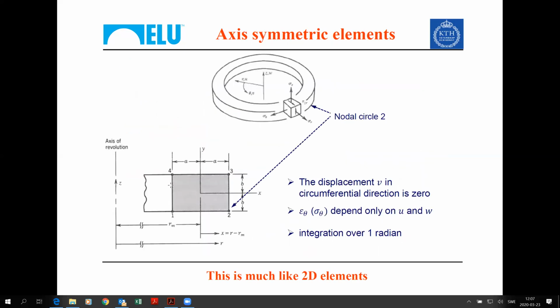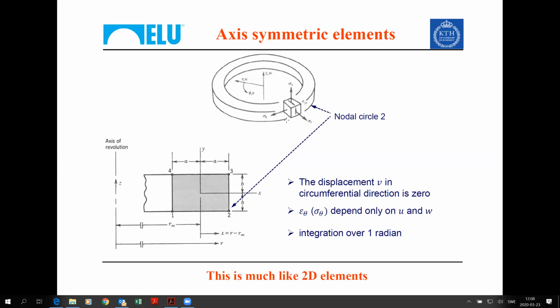And then we have another, more special type of 2D elements, the axisymmetric elements. Here we need to make sure we understand correctly how this element is defined. The nodal points are no longer points in themselves.